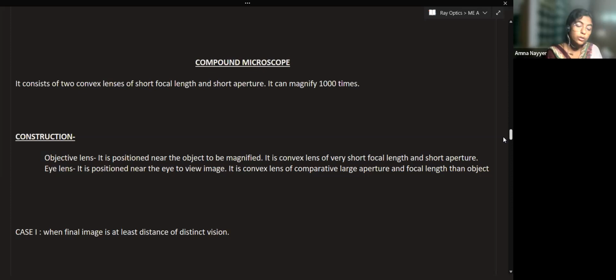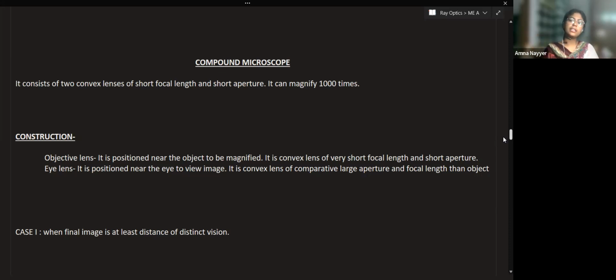In a compound microscope, since two lenses are there, refraction occurs two times. So you can say it can magnify images 1,000 times. That's what has been written on the screen. Compound microscope consists of two convex lenses of short focal length and short aperture.